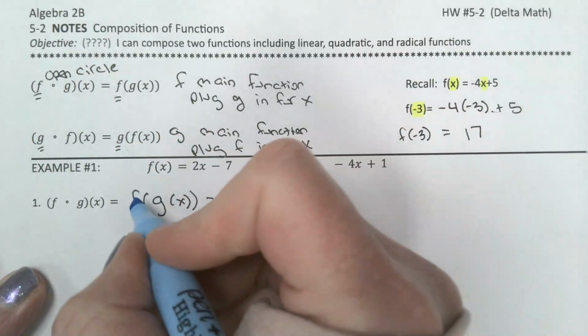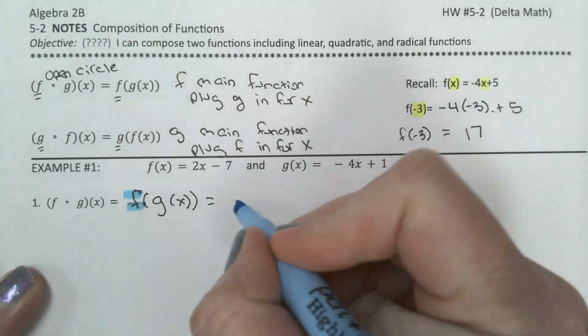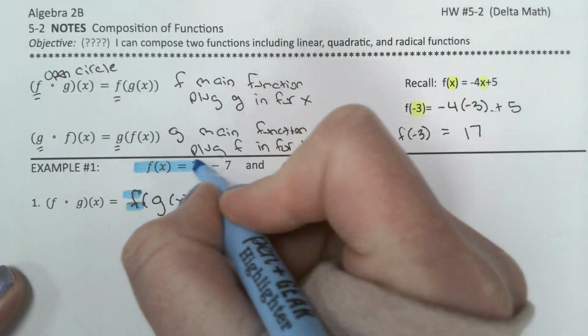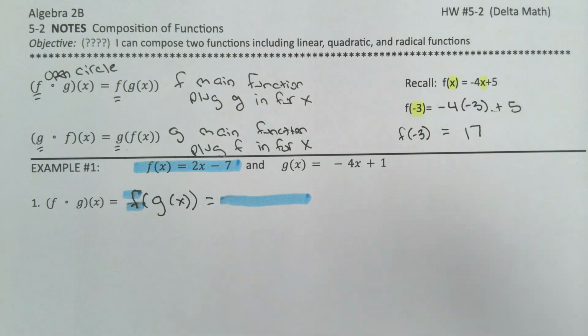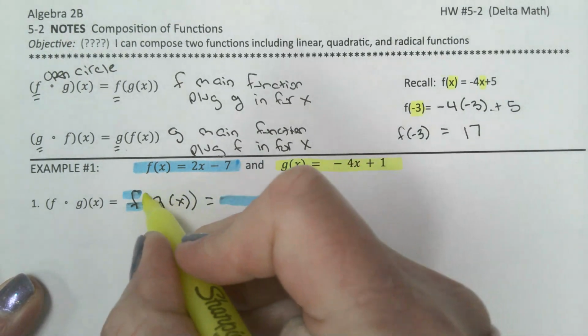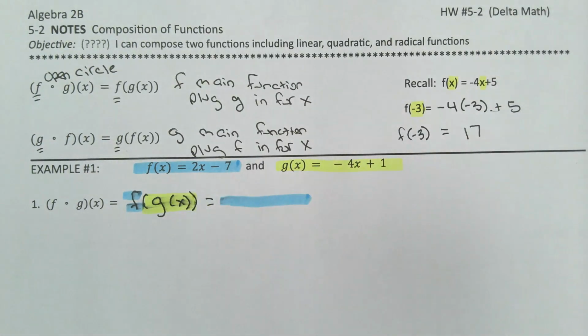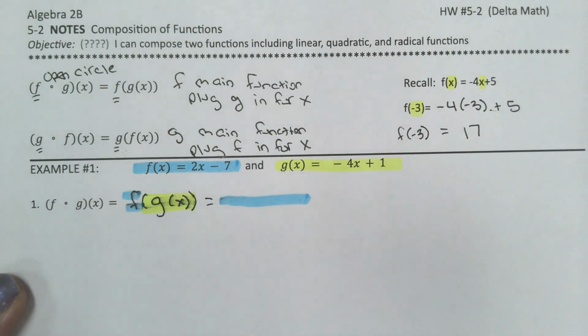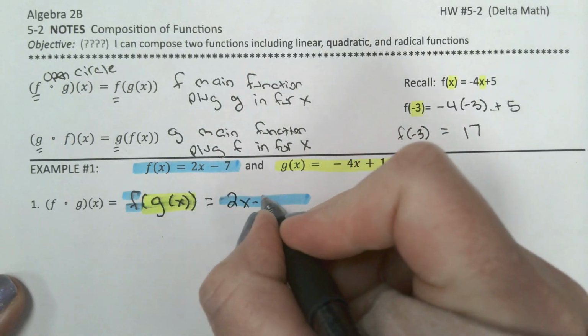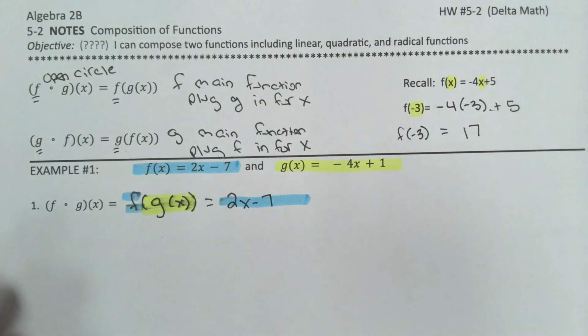Your f is your main function, so I'm going to put it over here. All the f's are going to be in blue, and all the g's are going to be yellow highlight today. Since f is your main function, I'm going to start by putting my main function over here.